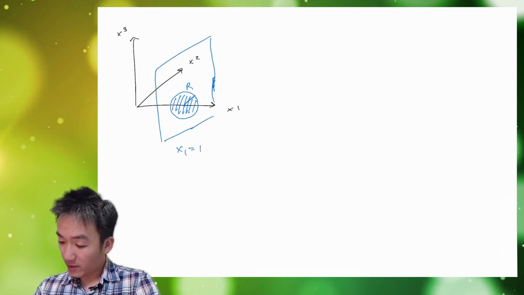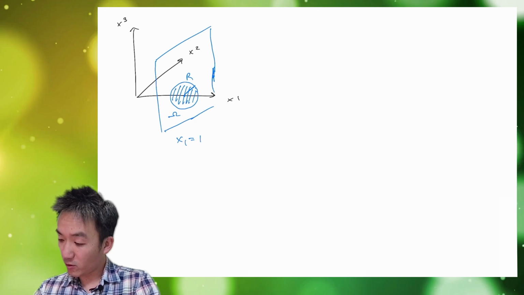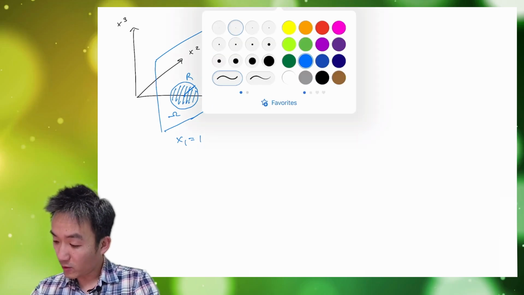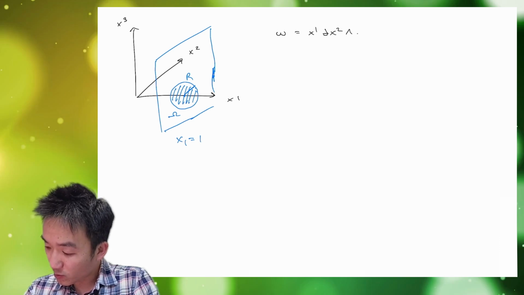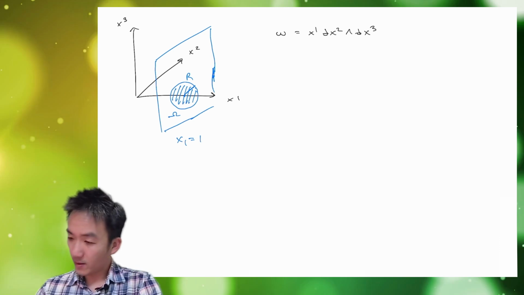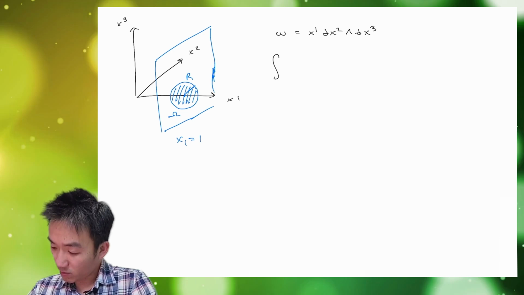So that's going to be my domain of integration, big omega, and then my 2-form, little omega, will be x1 dx2 wedge dx3. Okay. And so what's this integral? Little omega against big omega.